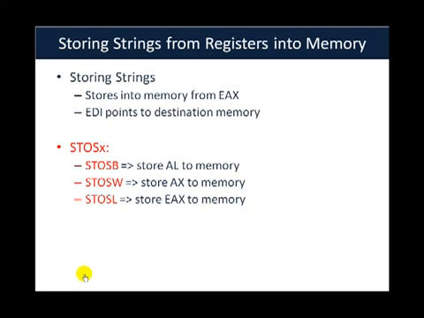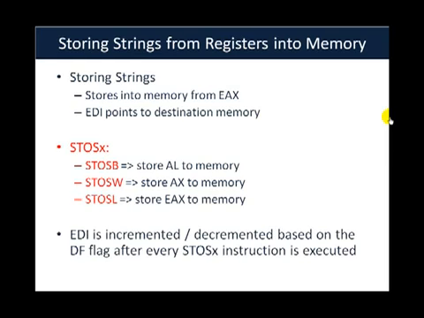Second, the destination memory where you want to copy has to be pointed to by the EDI register. And STOSX, as expected, has an SB, SW, and SL to copy a single byte, a word, and a double word. And as in the previous cases, EDI is going to be incremented or decremented based on the value of the DF flag.